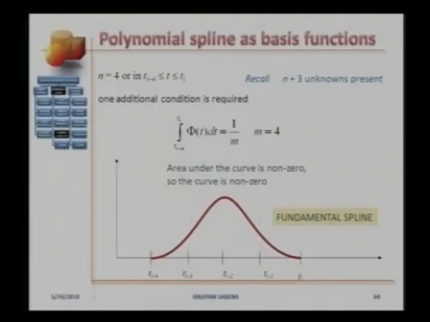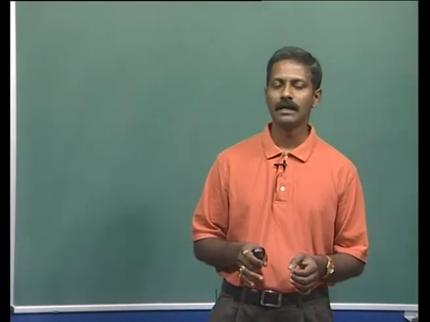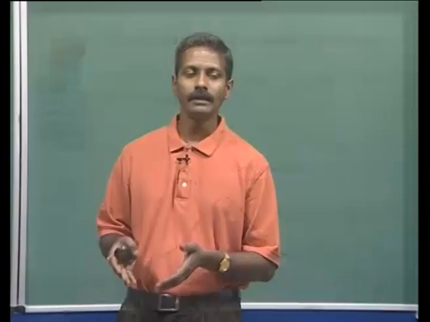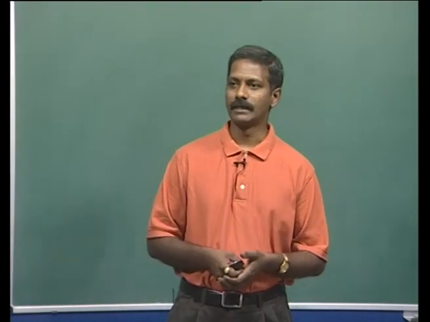The 7th condition was the standardization condition. That is, the area under the B-spline basis function was non-zero, and in fact it was equal to 1 over m, where m is the order of the B-spline basis function. So using the concepts of polynomial splines, we were in fact able to determine the mathematical form of this B-spline basis function.